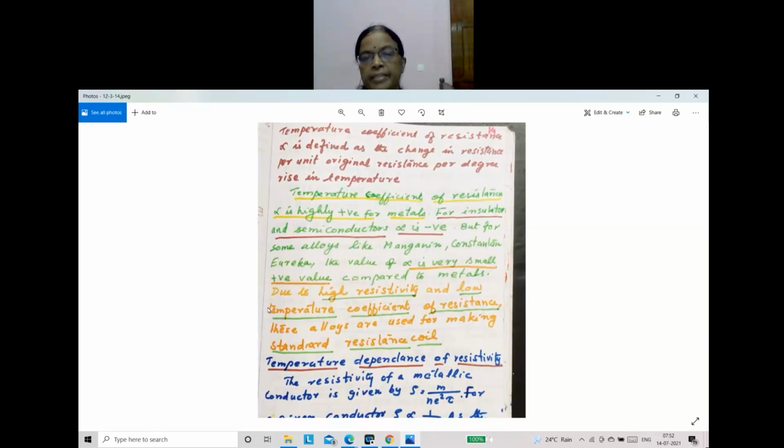Metals increase; insulators and semiconductors decrease. But for alloys, it increases, but not much. Yes, small positive value. Alpha is small positive for alloys. High positive for which one? Metals. Negative for which one? Semiconductor.